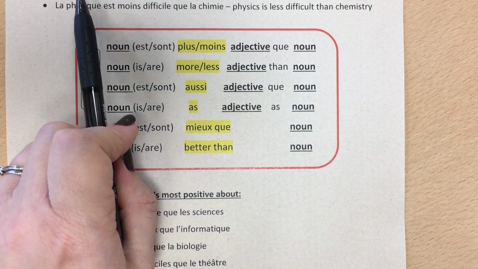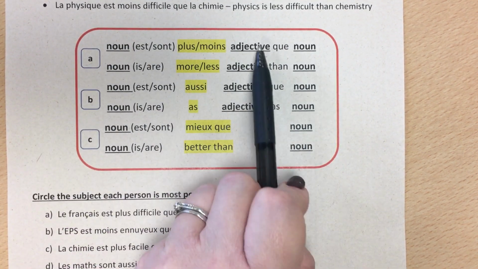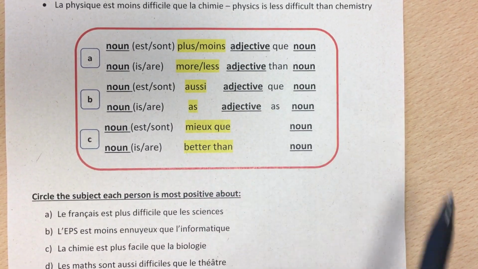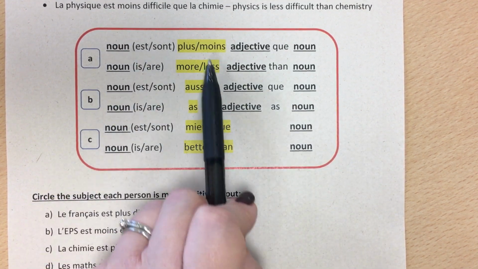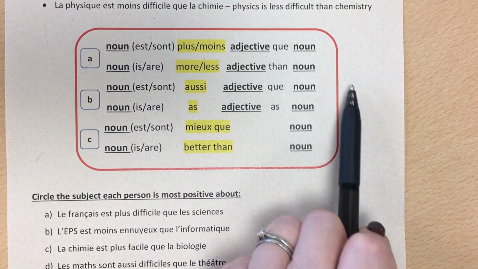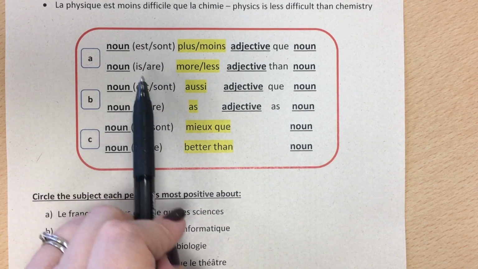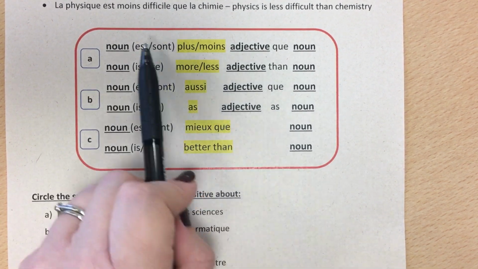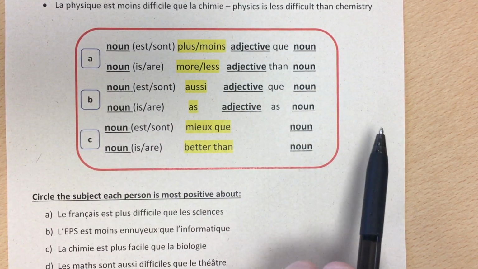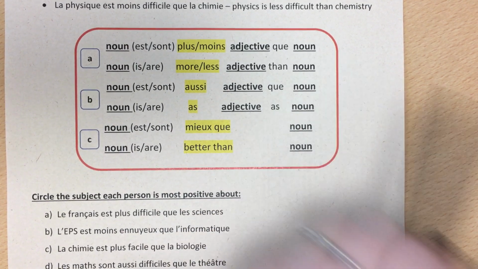So, as in our example above, French is more interesting than PE, or physics is less difficult than chemistry. We could also say, I don't know, Manchester United is more successful than Wolverhampton.